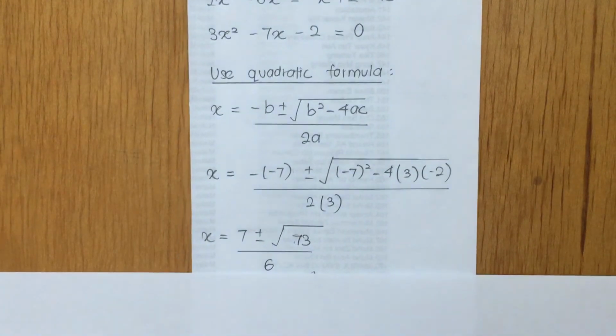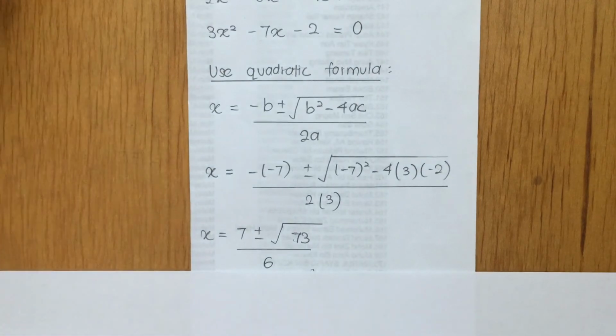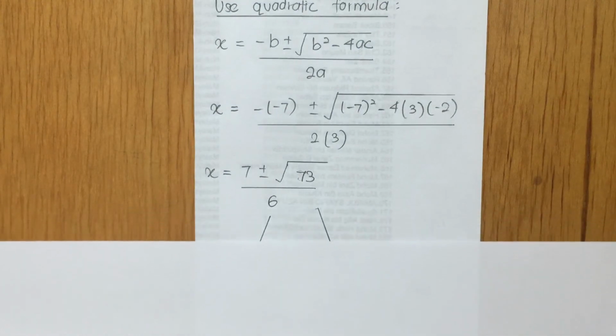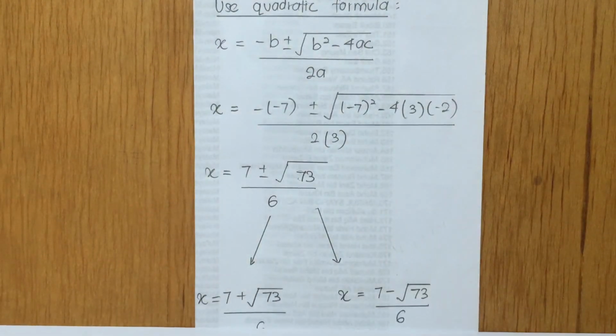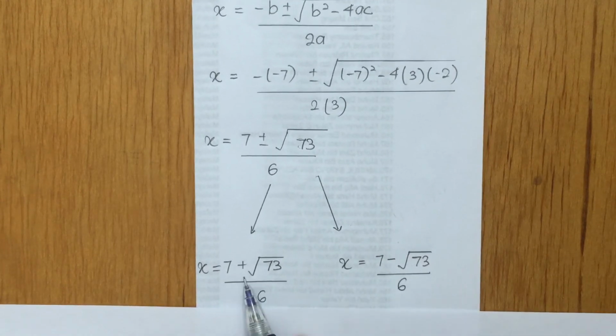Since you have plus and minus at the same time, you will have two possible answers, guys. Let me show you the working now. So your x will be equal to 7 plus square root 73 over 6, and x equals 7 minus square root 73 over 6.